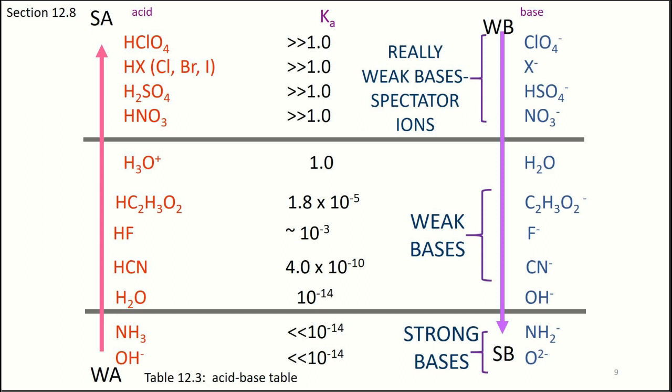The exception is for the hydrogen sulfate ion because this does have a proton that it can give up. So the exception is that hydrogen sulfate ion can actually participate in an acid-base reaction, but it won't be as a base, it would be as a weak acid.